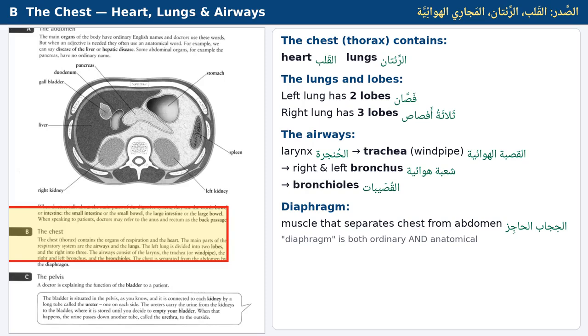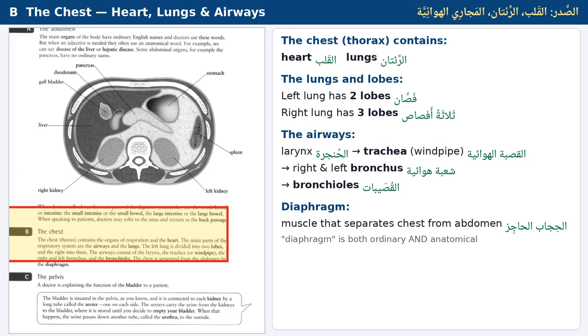The textbook then describes the airways. It says, the airways consist of the larynx, the trachea or windpipe, the right and left bronchus, and the bronchioles. Let us follow the path of air. Air enters through the larynx, الحنجرة. Then it goes down the trachea, which is also called the windpipe, القصبة الهوائية.